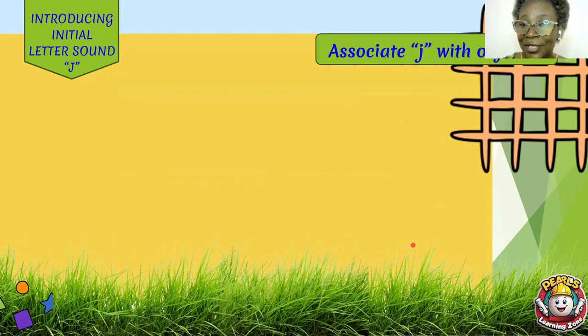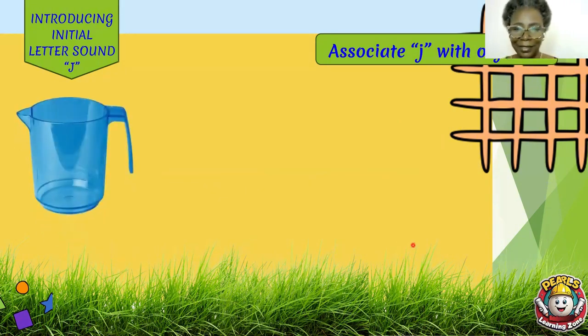We are associating again with objects. This is a jug. Good. Great. What do you use this for?